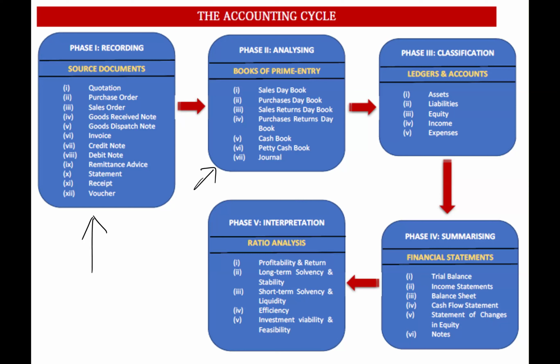Then we have phase number 3, which is the classification, where we classify our transactions, and the classification is done in ledgers and accounts, including the assets, liabilities, equity, income, and expenses.